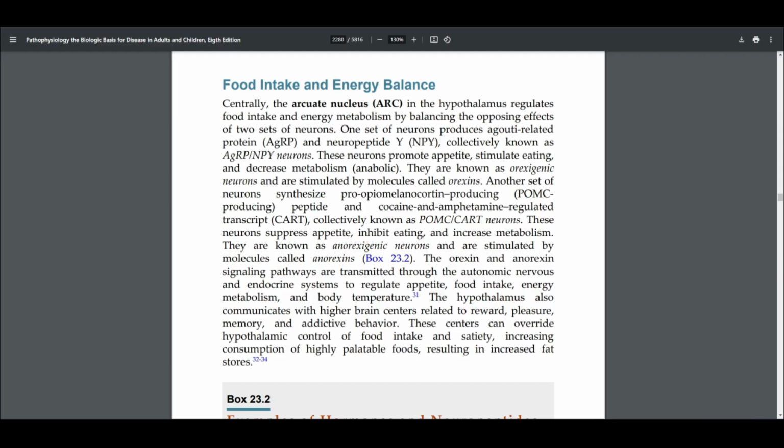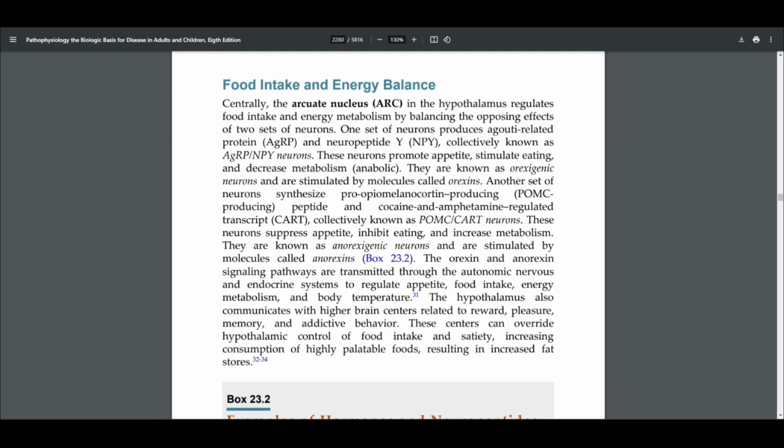One set of neurons produces agouti-related protein, or AGRP, and neuropeptide Y, NPY, collectively known as the AGRP-NPY neurons. These neurons promote appetite, stimulate eating, and decrease metabolism, which is anabolic. They are known as orexigenic neurons and are stimulated by molecules called orexins.